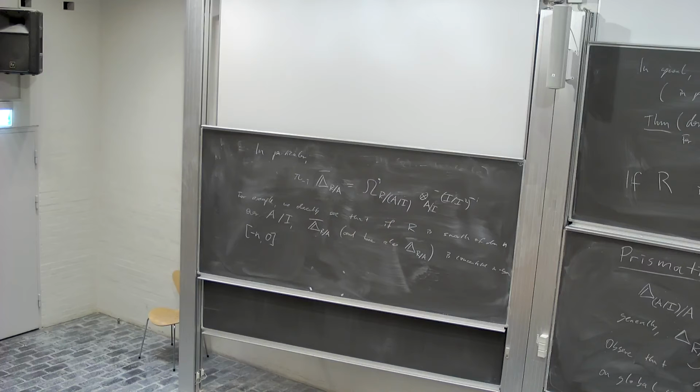So we can also view this as an A-linear map from the base change along the Frobenius to the non-base changed guy.